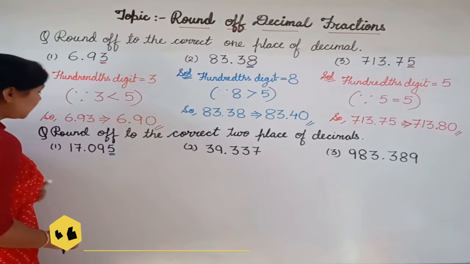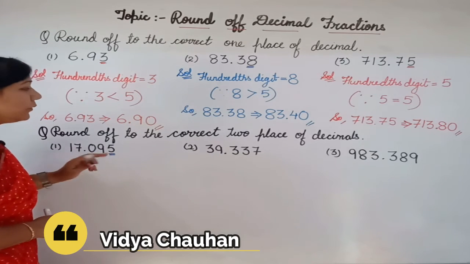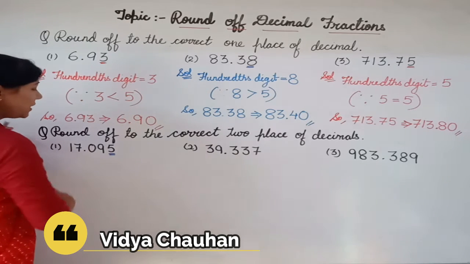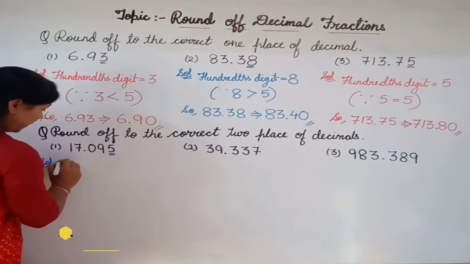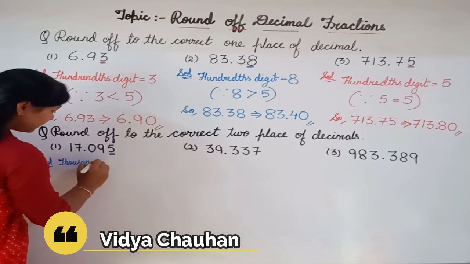Let's take the first number, 17.095. Let's start the solution. First, you will write the thousandths digit.